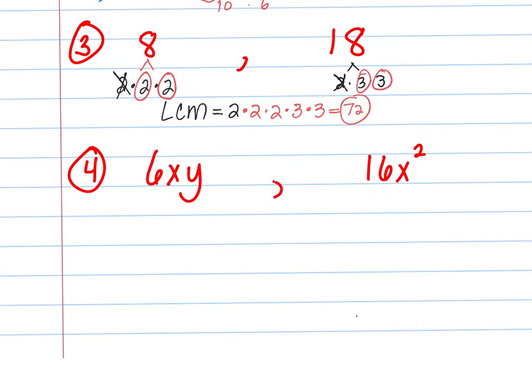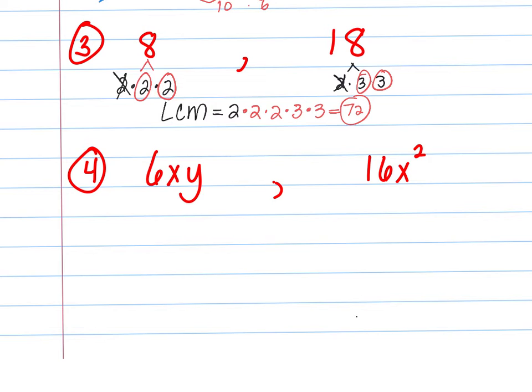Now we get to the fun stuff. Woo, woo. So this is 2 times 3, right? Times x times y. And 16 is, what, 4 times 4, which is 2 times 2 times 2 times 2.